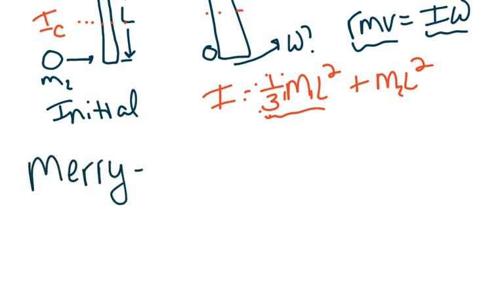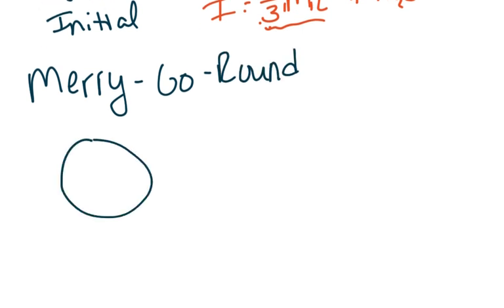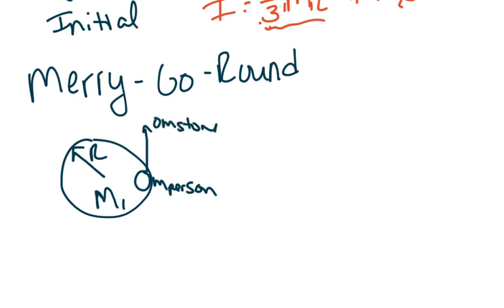Merry-go-round is another example, or a carousel. So we have a disc here with a radius r and a mass m1, and we have a person standing on the merry-go-round, and they are going to throw a stone from the merry-go-round, okay?